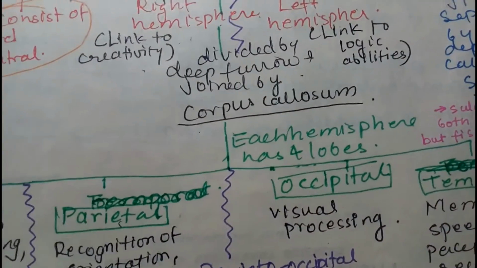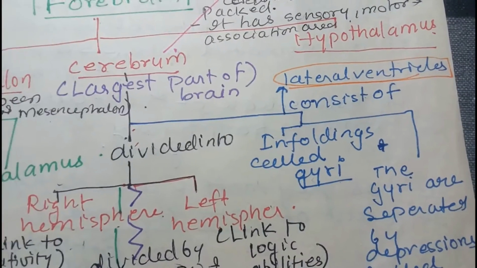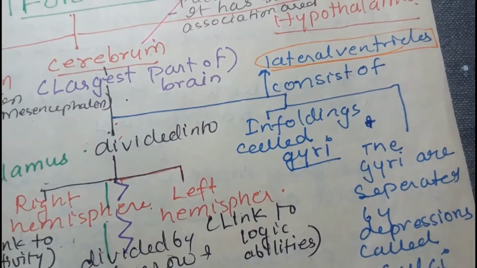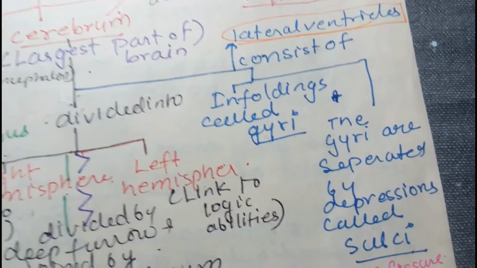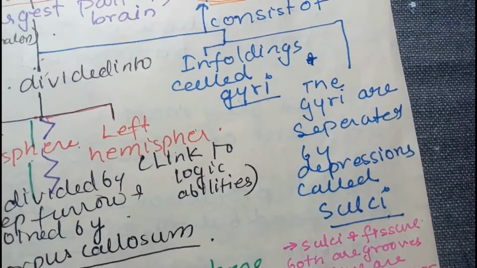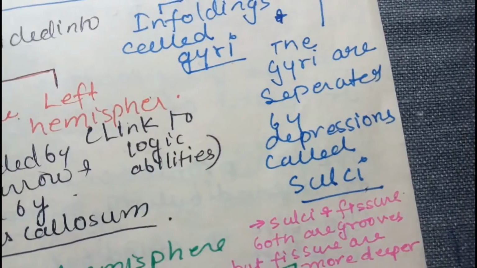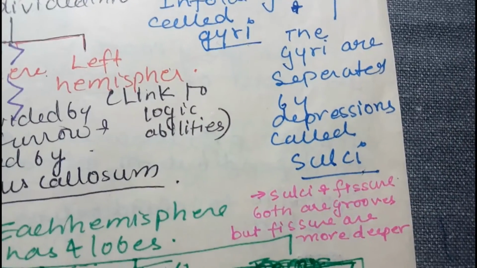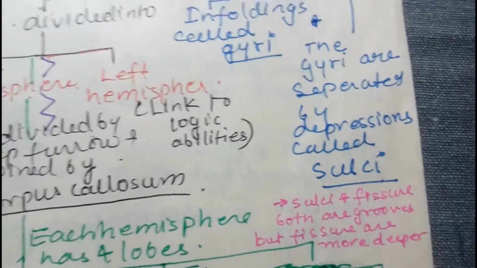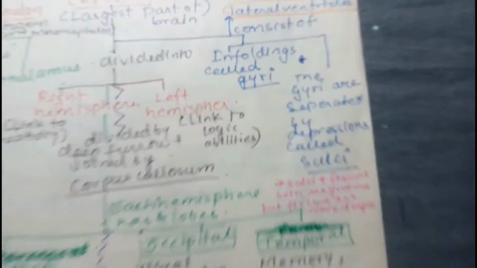Now look at the structure of the cerebrum. It consists of various infoldings or convolutions called gyri, and gyri are separated by deep depressions or grooves called sulci. Sulci and fissures are both grooves, but a fissure is deeper as compared to a sulcus.